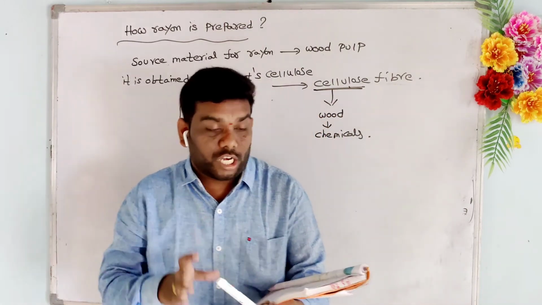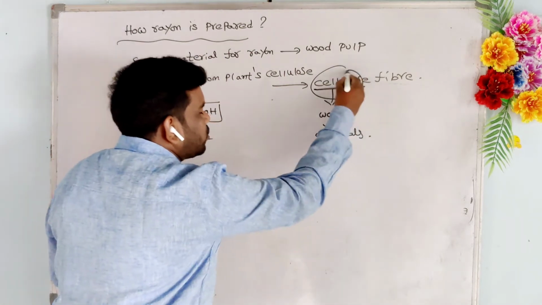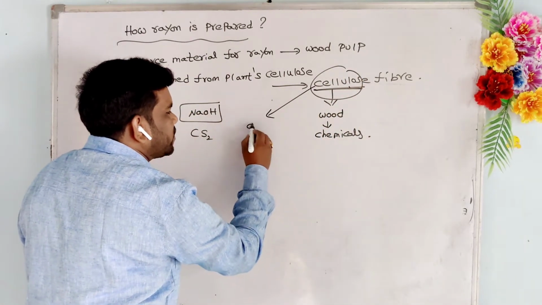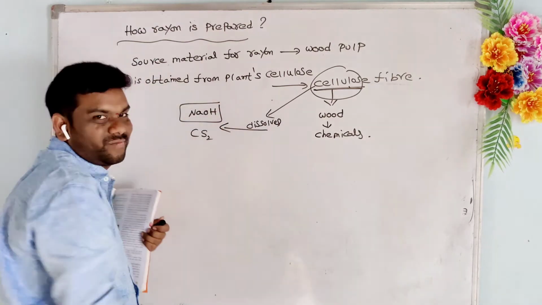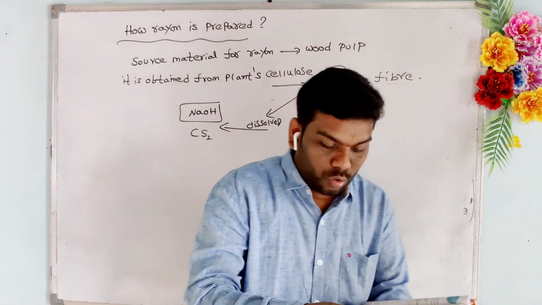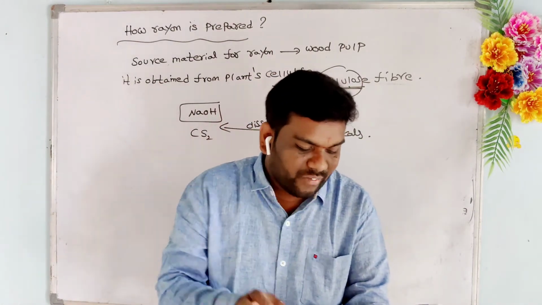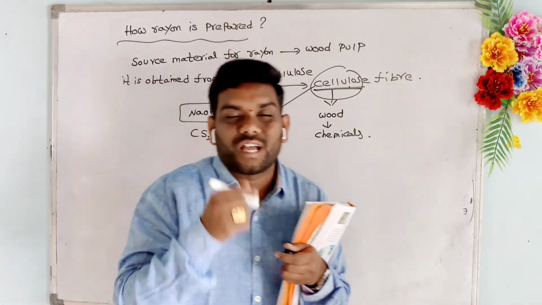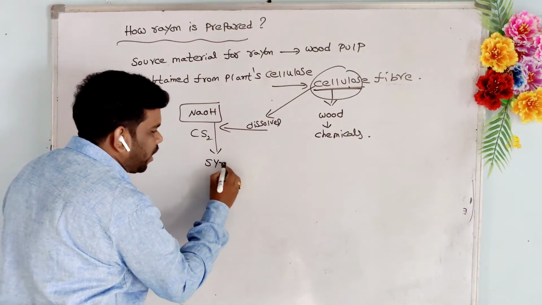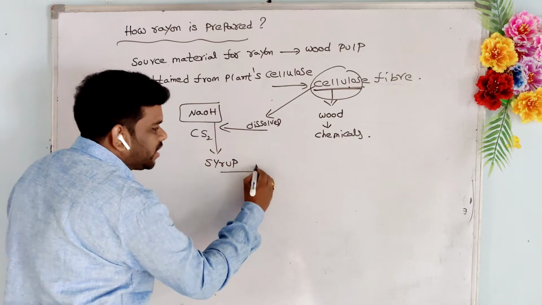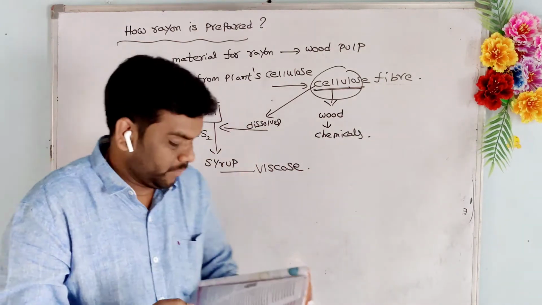Yes, the cellulose dissolves in the chemicals. Yeah, so the cellulose dissolved in these chemicals gives a syrup. అది చివరికి మనకి ఒక సిరప్ అంటే టానిక్ టైప్ గా ఇస్తుంది. That is called viscose.